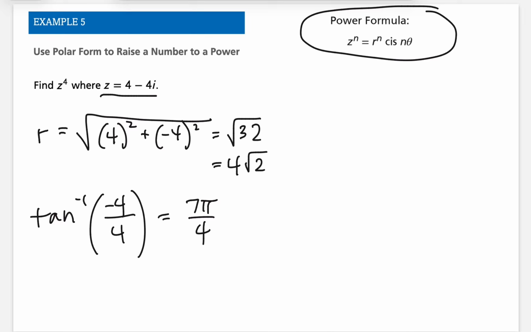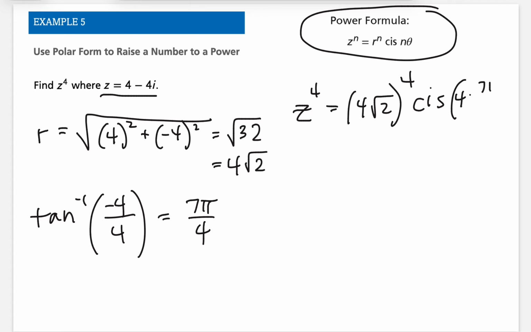So we can apply that formula. We can say z to the fourth power is going to be 4 square root of 2 to the fourth power times cis of 4 times 7 pi over 4.